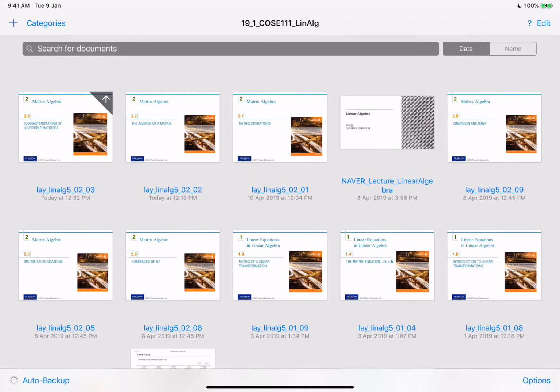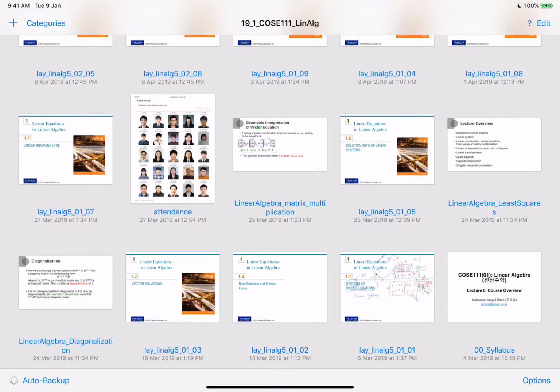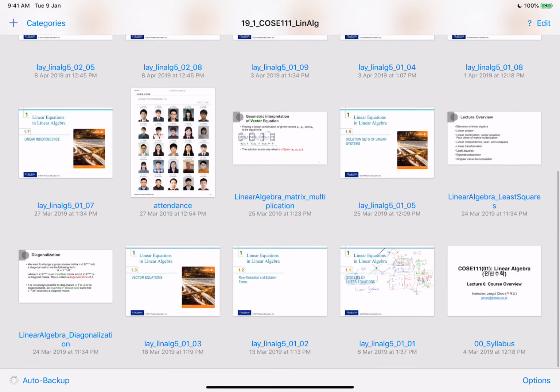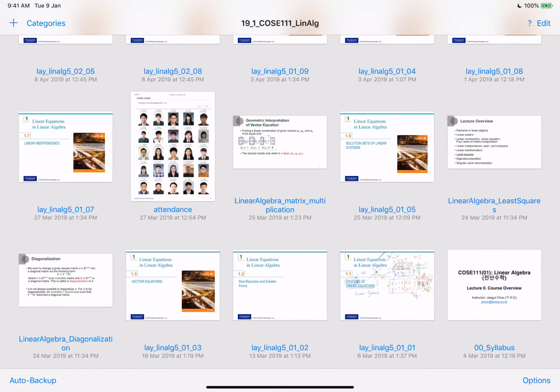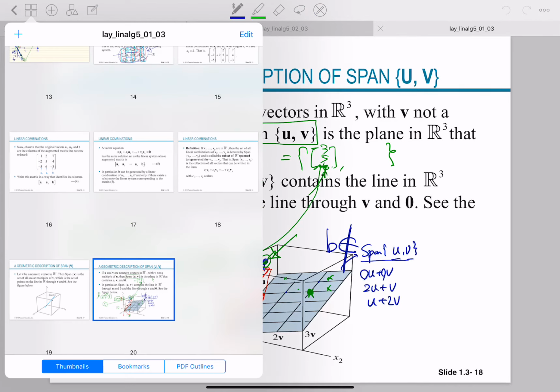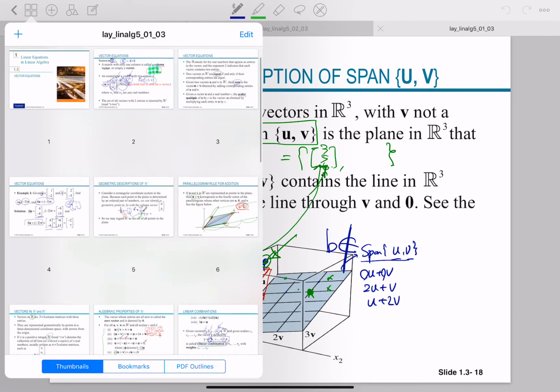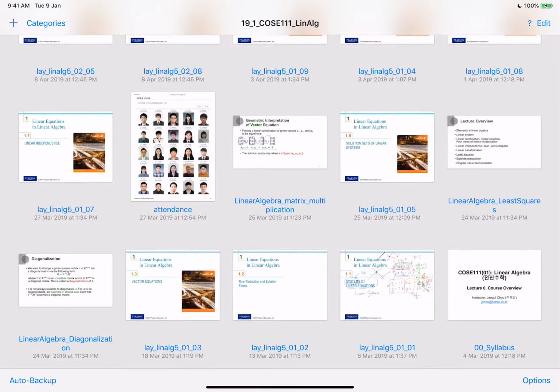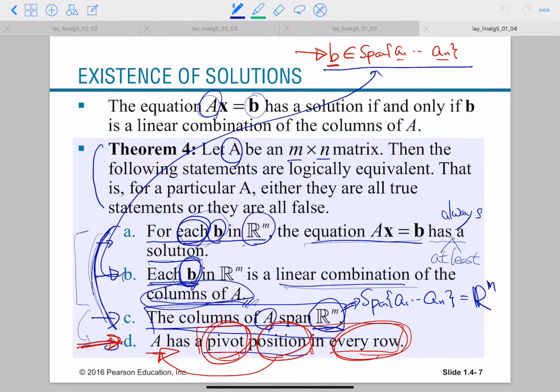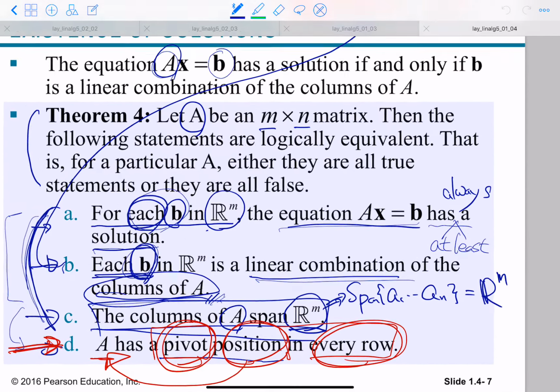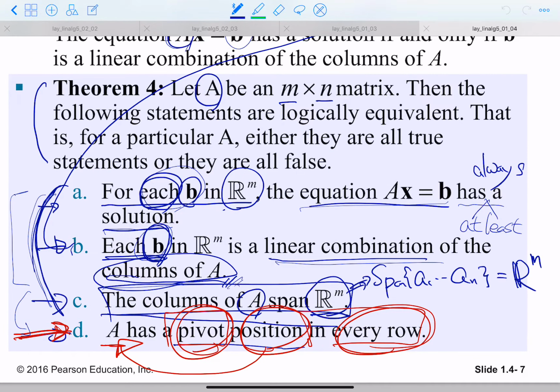So we are basically talking about the theorem in... Does anyone know which chapter contains that theorem? Yep, this one, right? So we are talking about this Theorem 4. We already studied that all these items are equivalent.